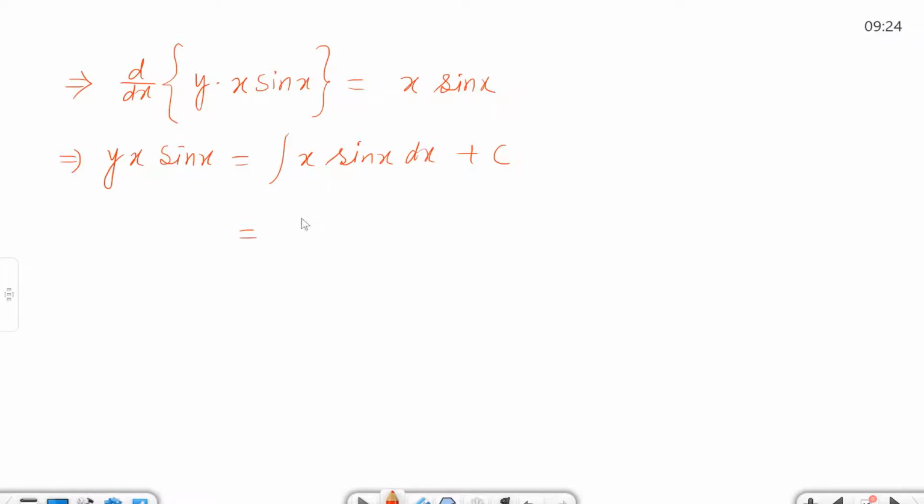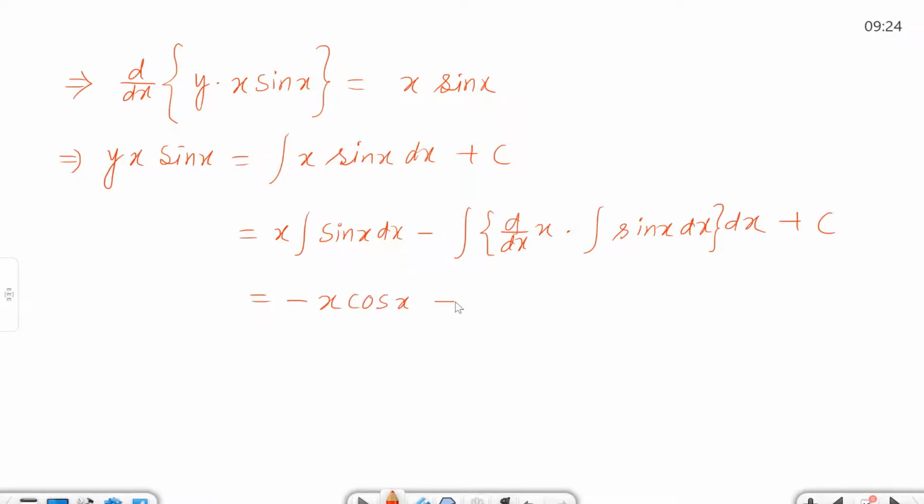The algebraic function is the first function, that is x, times the integration of sin x dx, then compulsory minus the whole integration of d/dx of the first function x times the integral of sin x dx, plus constant. The integration of sin x is minus cos x, so minus x cos x, then the integral of 1 times minus cos x, make it plus, you have cos x dx plus c.